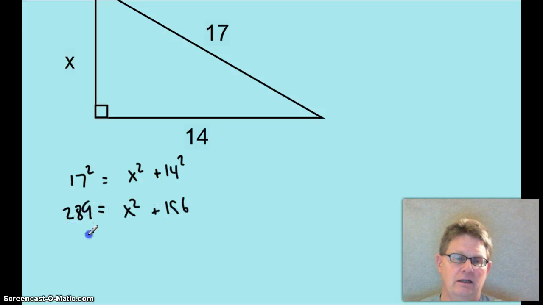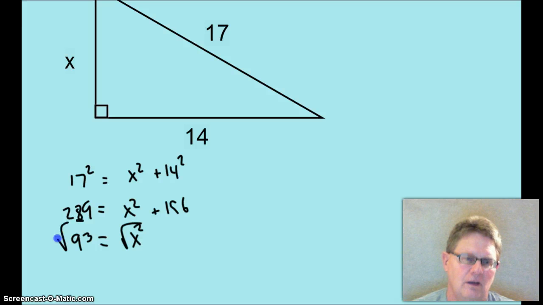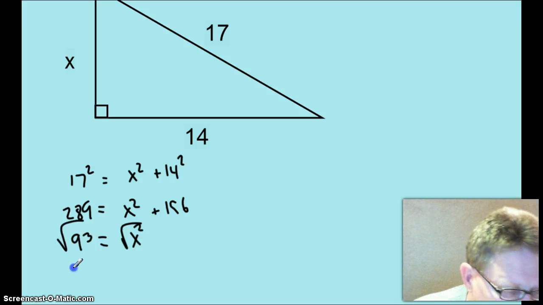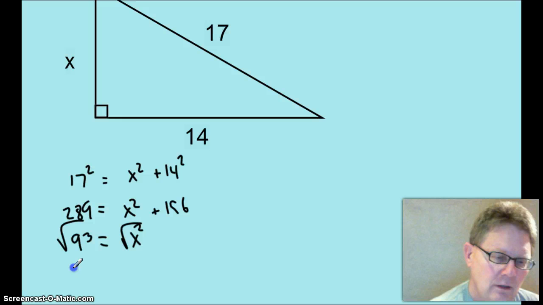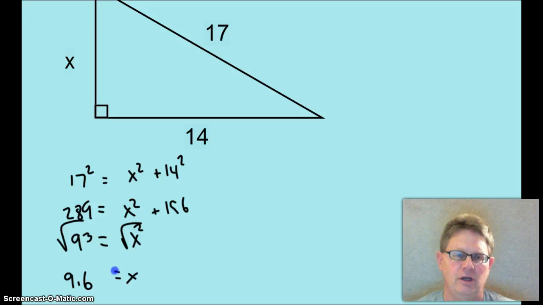Subtract 196 from both sides, and that'd be 93 equals x squared. Take the square root of both sides. That missing leg is, hold on a minute, according to my calculator, 9.6 is approximately how big x is.